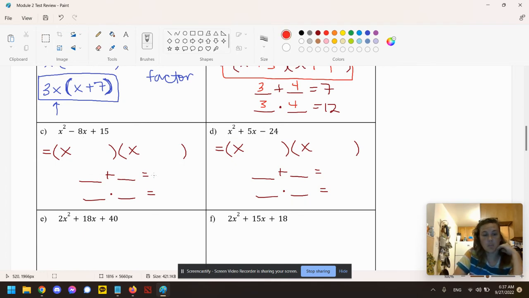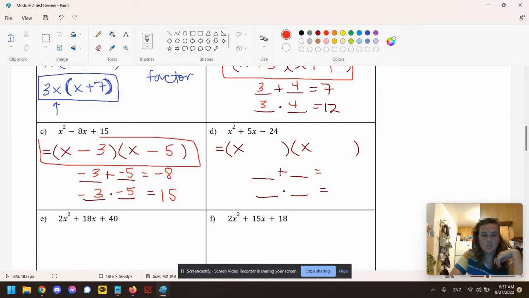Okay, we're looking for two numbers that add up to -8 and multiply to +15. If you're multiplying to a positive number and adding to a negative number, I think both of these numbers should be negative. If we try -3 and -5, turns out it works. So I want -3 and -5 as my answer.